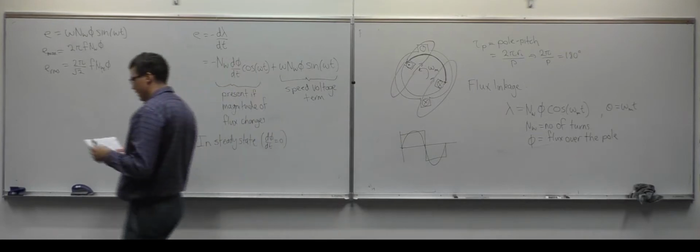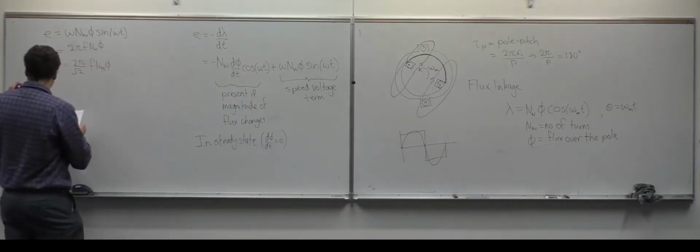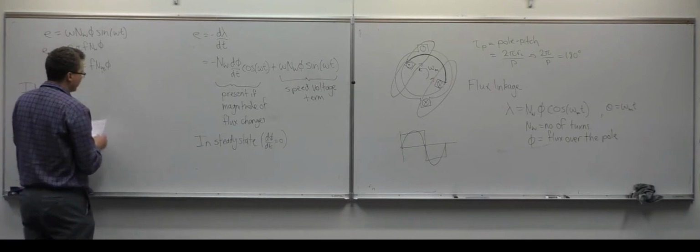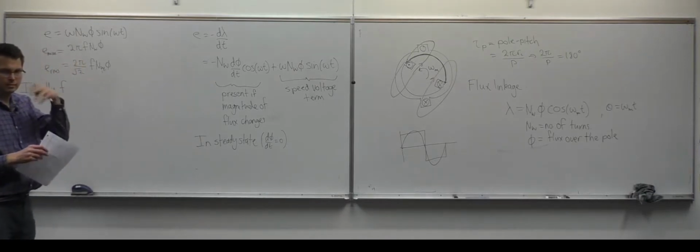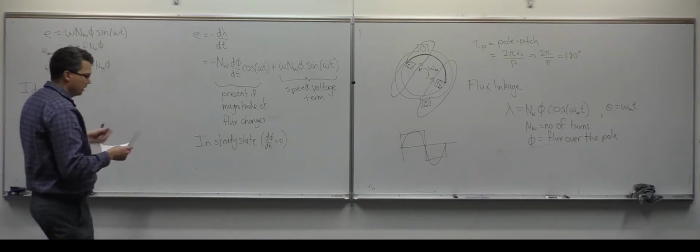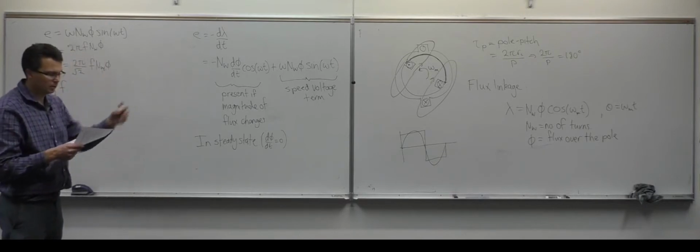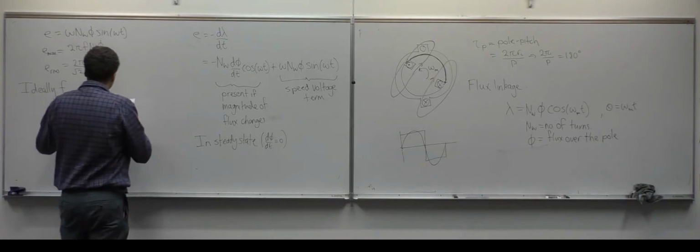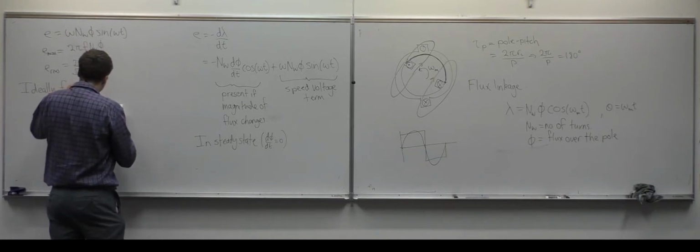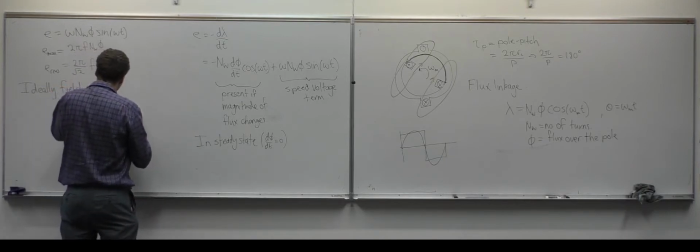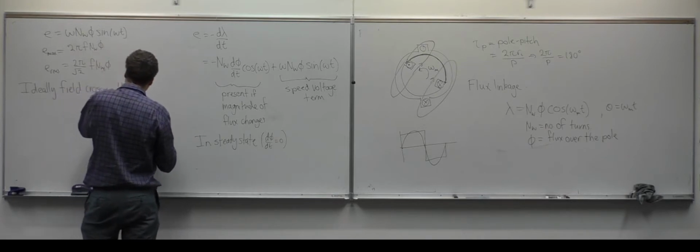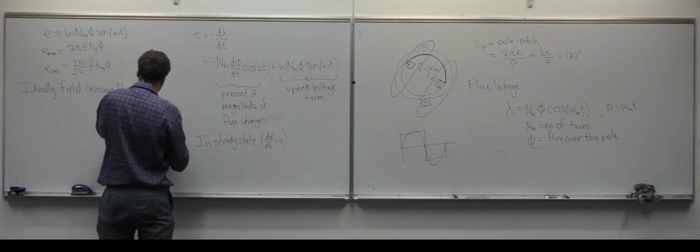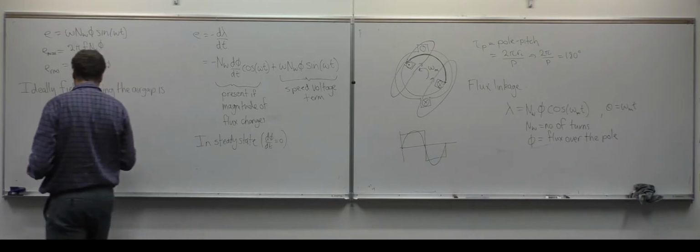So ideally, and this is what the fundamental is when we look at the fundamental winding function, we're assuming that the flux is sinusoidal. So ideally, the field crossing the air gap is sinusoidal.